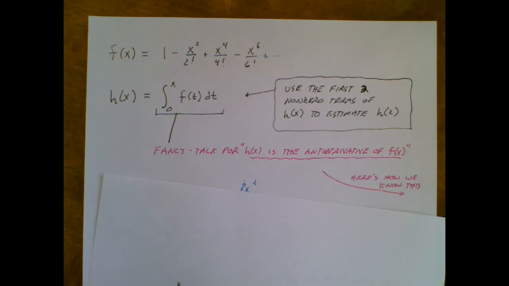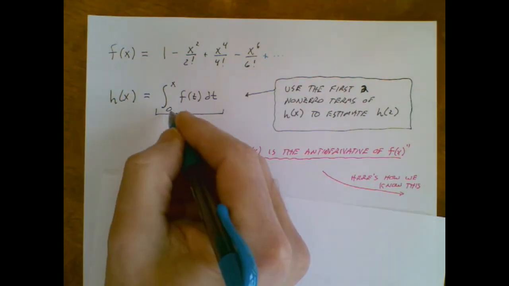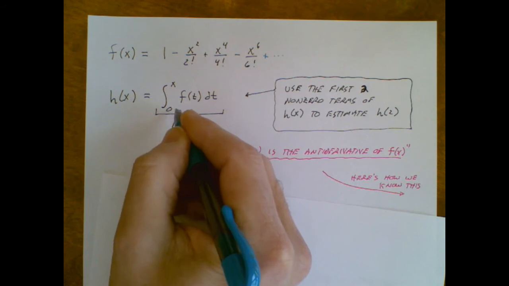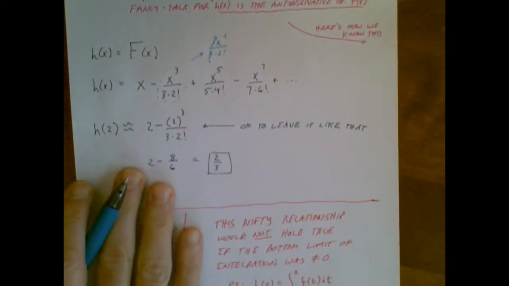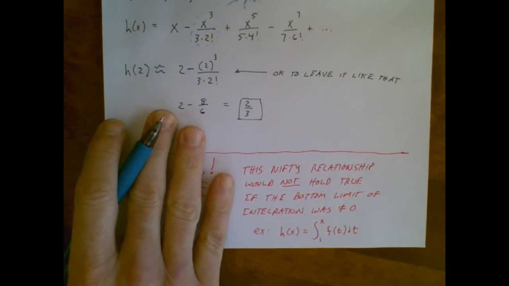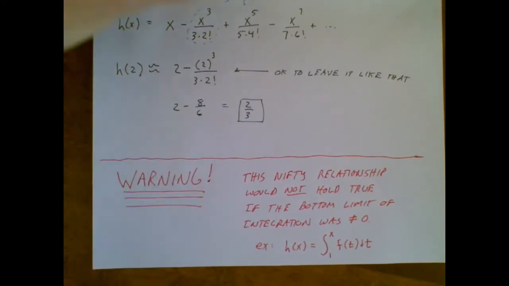Now here's the warning I warned you about. This is pretty convenient when I put a lower limit of 0, but if my lower limit is not 0, we don't necessarily have this situation. So this nifty relationship would not hold if the bottom limit of integration was not 0.